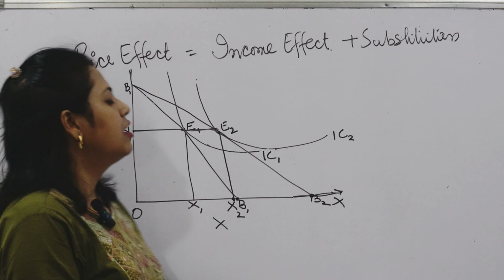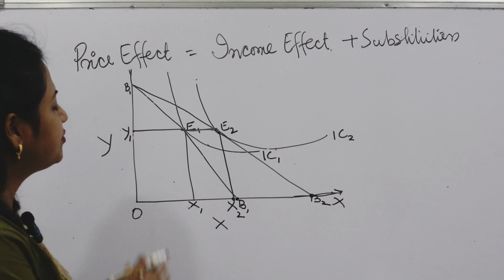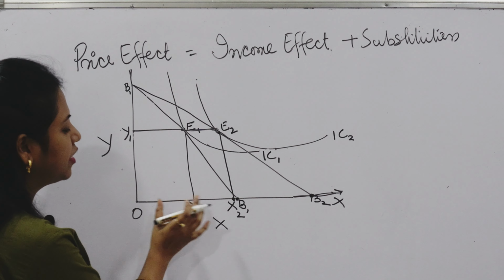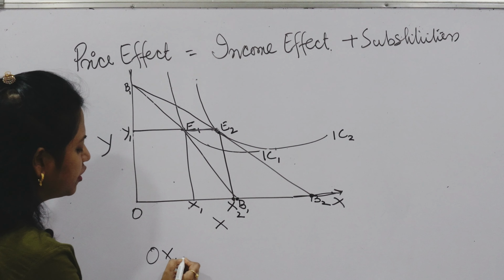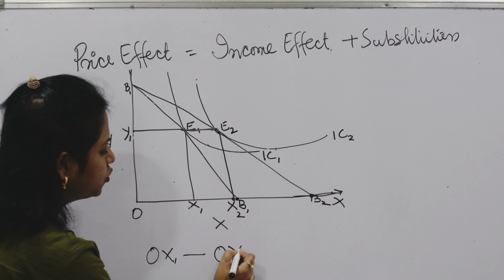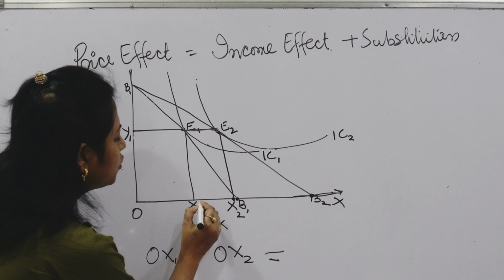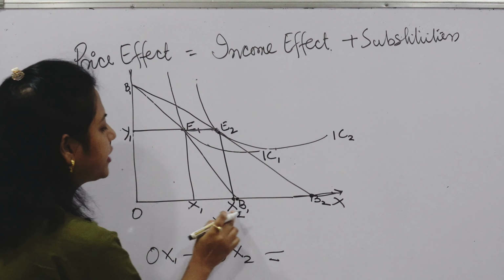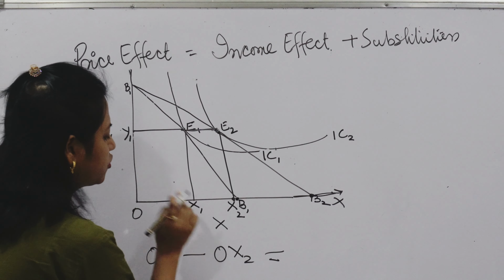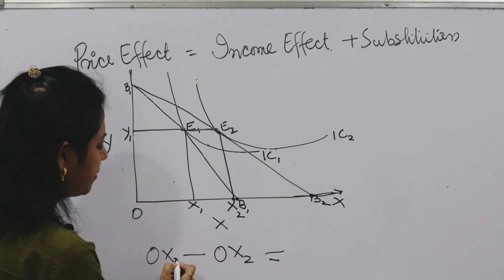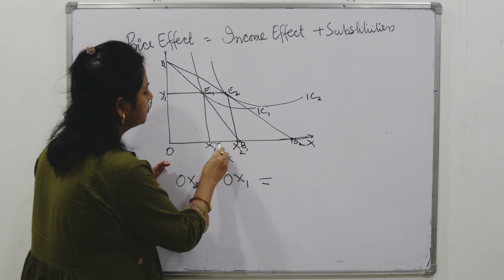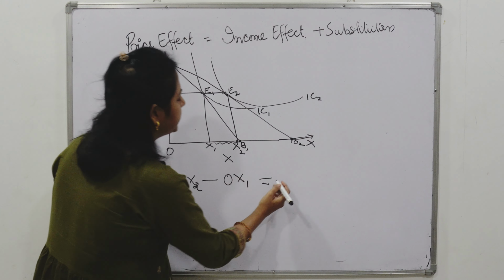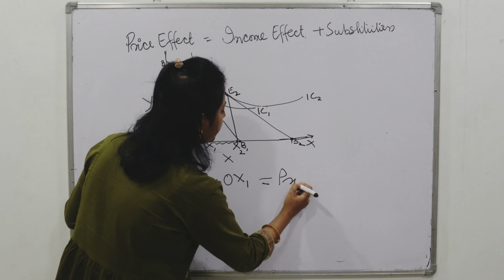Fine. Now friends, the increase in the quantity demanded from OX1 to OX2 is equal to how much? Only this much, OX2 minus OX1. Okay, so if I subtract OX1 from OX2, this portion is your price effect.